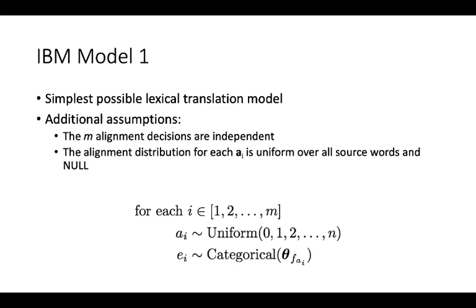It assumes that the alignment distribution for each a_i is actually uniform over all the source words and the null token. So here, for example, you start from a very simple alignment vector. It's a vector drawn from a uniform distribution.